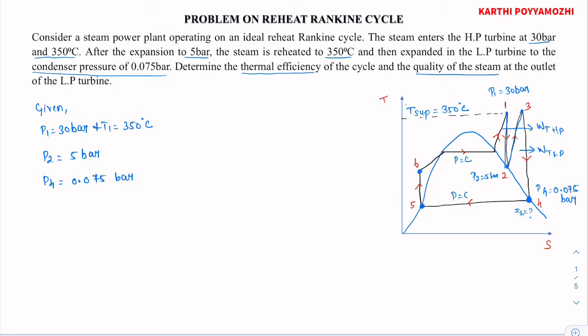The value of P3 is equal to P2 since the heat is being added at constant pressure. To find: we have to find the efficiency of the reheat cycle and the dryness fraction at point 4, which is nothing but the quality of the steam. Now, moving on to the solution.